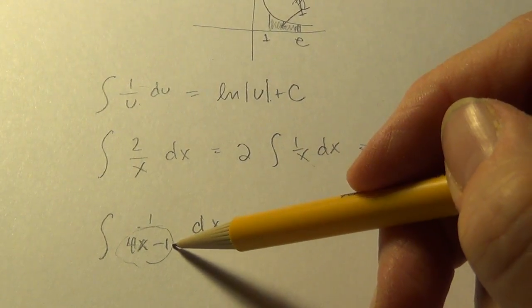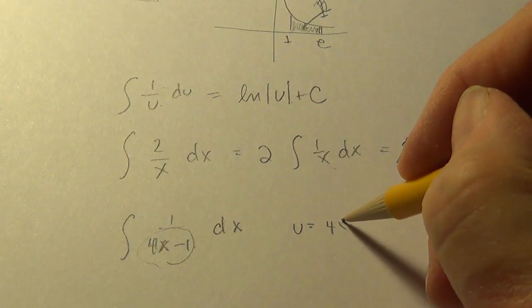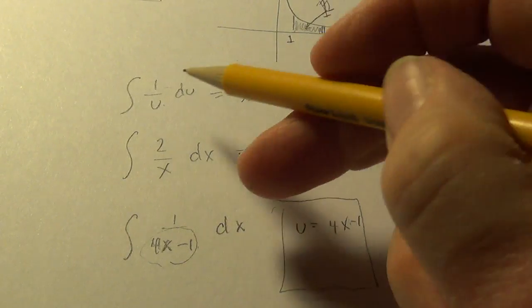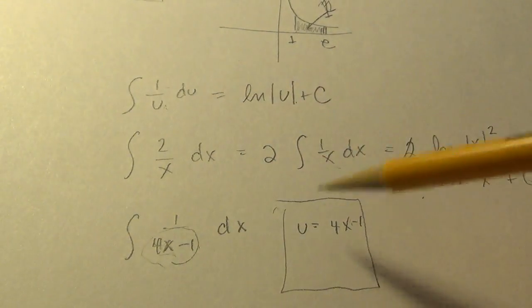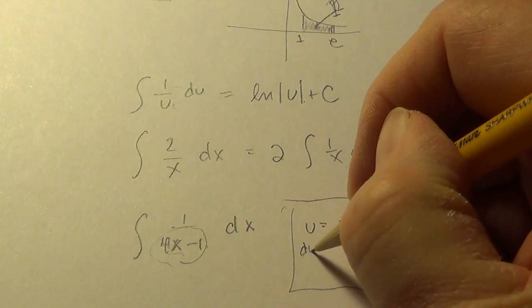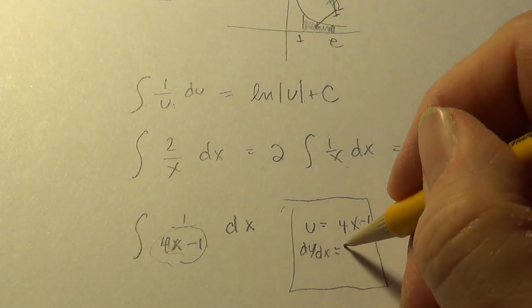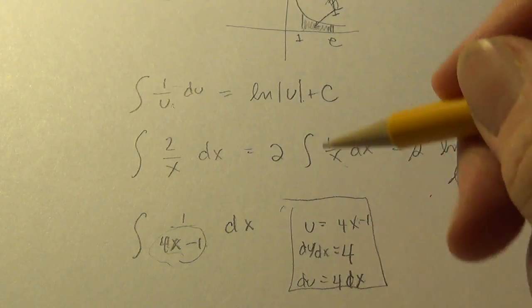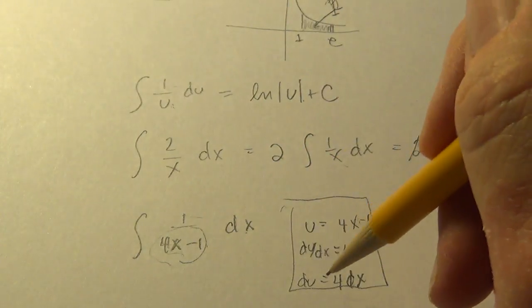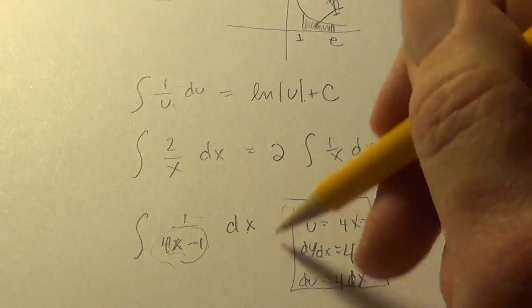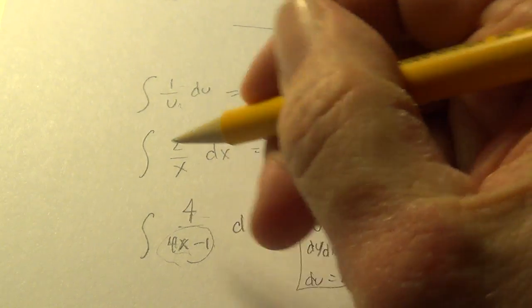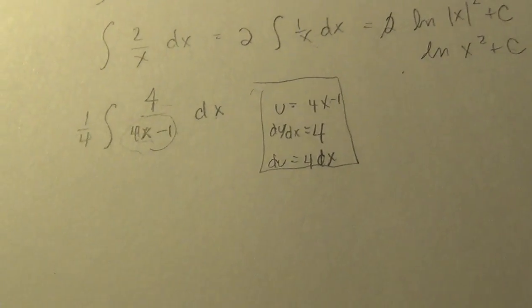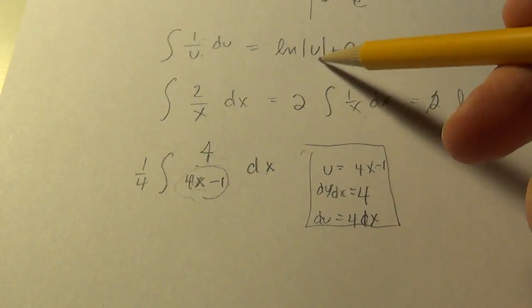So if 4x minus 1 is u, what would du be? du/dx is 4, and du is 4 dx. So I need a 4 to complete substituting this whole thing from x to u. I'm going to put a 4 in here and adjust for it out here. You've seen that kind of action before, and now we're just doing it with a new integral, this one.